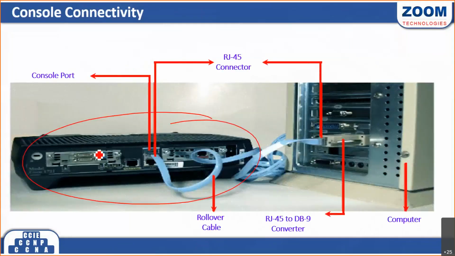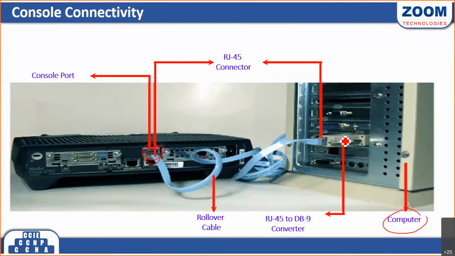This is the router and the router console port, and the other end goes to the computer. This cable is a rollover cable. One end to the router console port, the other end to your PC. Console connectivity is done.